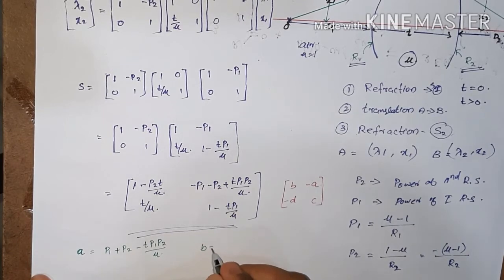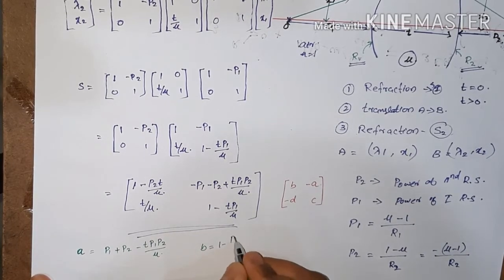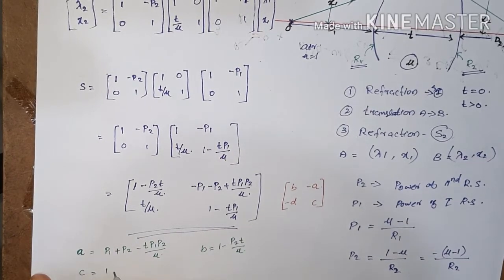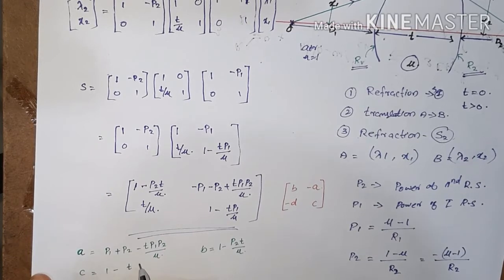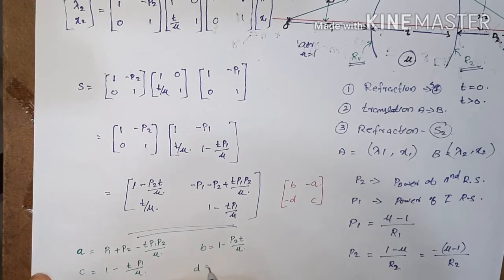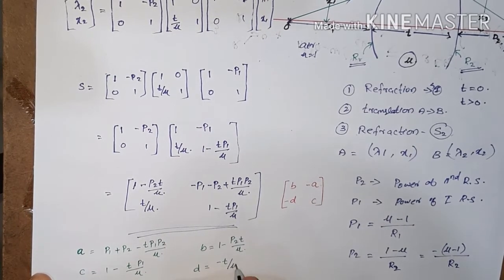Similarly, B will be equal to 1 minus P2 T divided by mu, and C will be equal to 1 minus T P1 divided by mu, and D will be equal to minus T divided by mu.